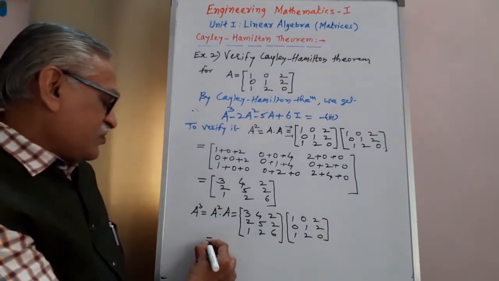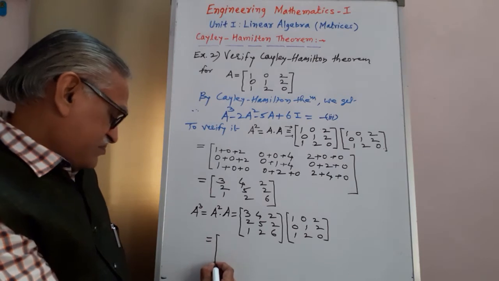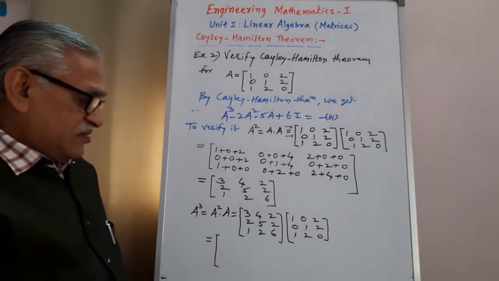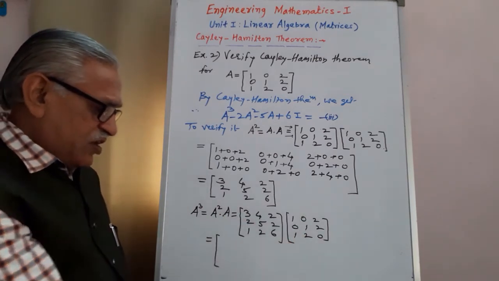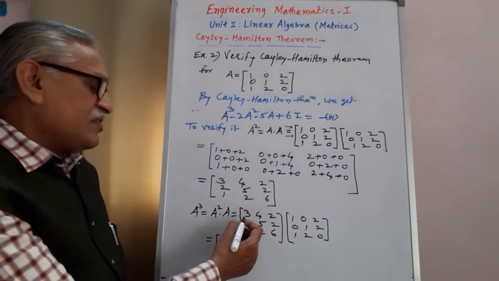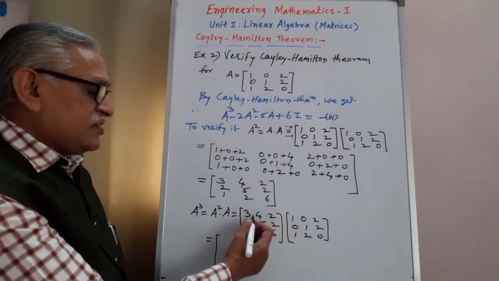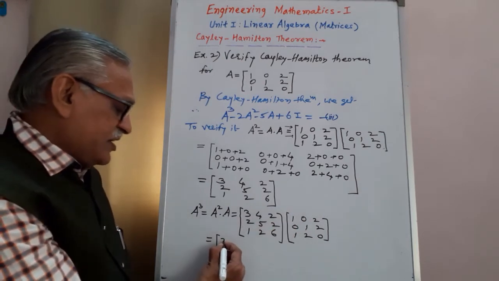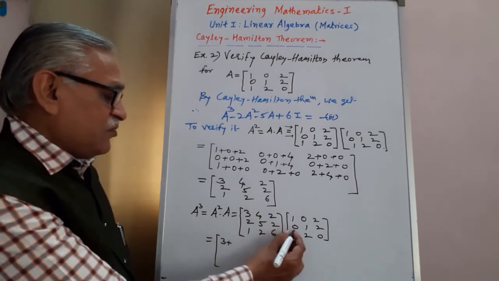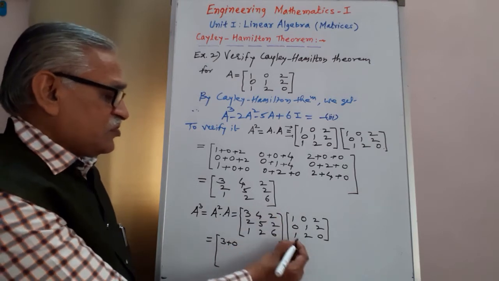And therefore it is equal to, multiplying row by column, first column, term to term, first to first, second to second, third to third. 3 into 1 we get 3, plus 4 into 0, 0, 2 ones are 2.